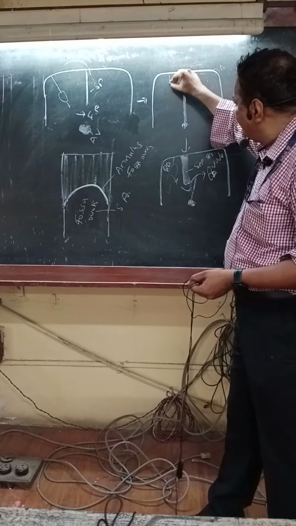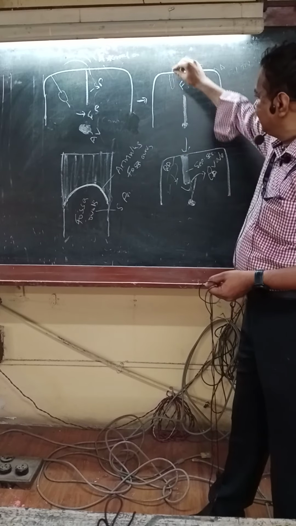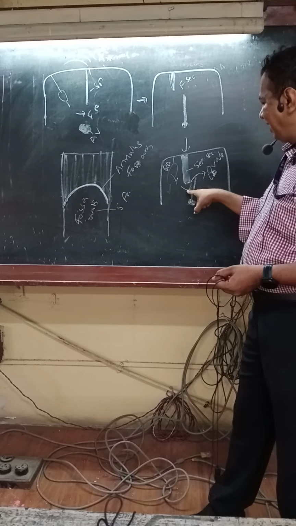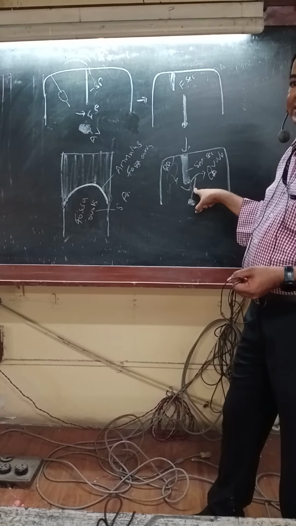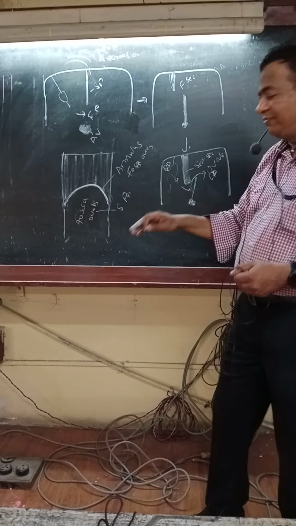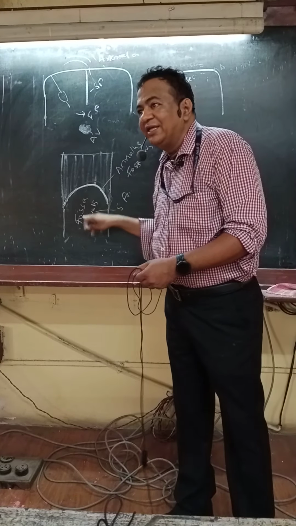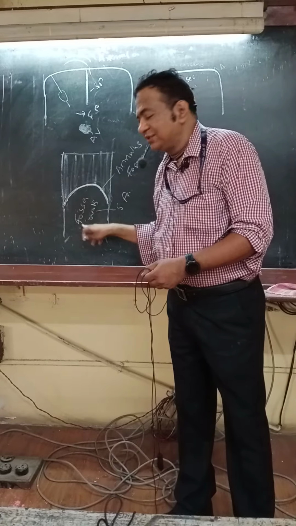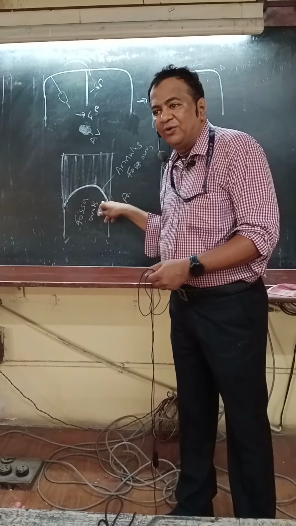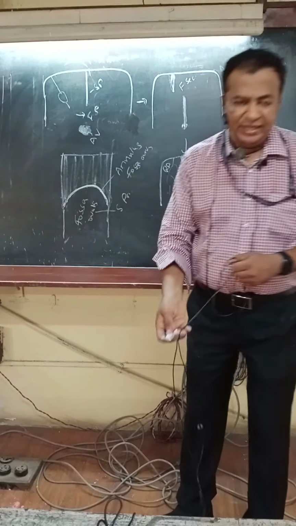Then another septum develops, which is thick. That is septum secundum. Now the gap between secundum and primum is called foramen ovale. After birth, primum unites with secundum. Primum remains as fossa ovalis. The lower border of secundum forms annulus fossa ovalis.